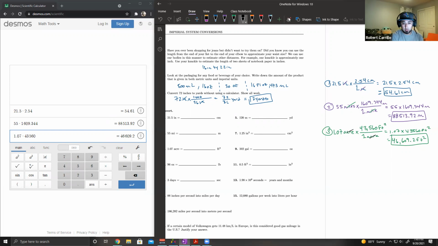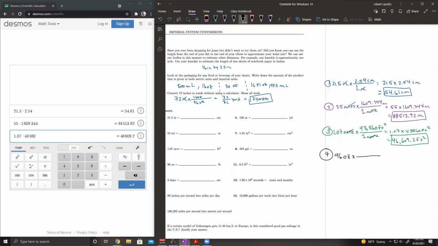Number 4. This says take 96 ounces and convert it to pounds. Looking at our conversion table, how many ounces are in a pound? 16. Or maybe you knew that without looking at it, right? 16 ounces in 1 pound.